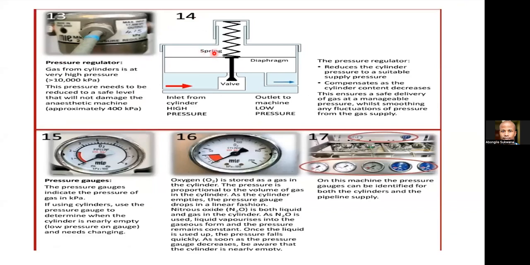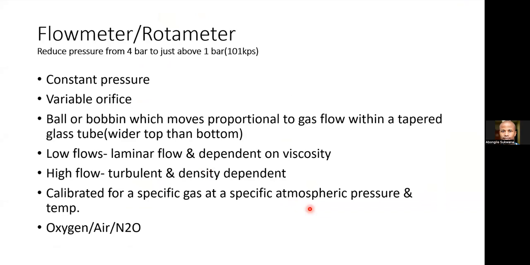So we already mentioned how this works. I'll skip that. Pressure gauges, Bourdon gauges, we already mentioned, so we'll skip that. And then there are also flow meters or rotameters.